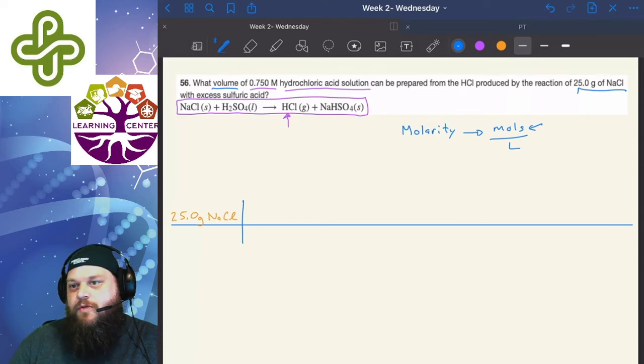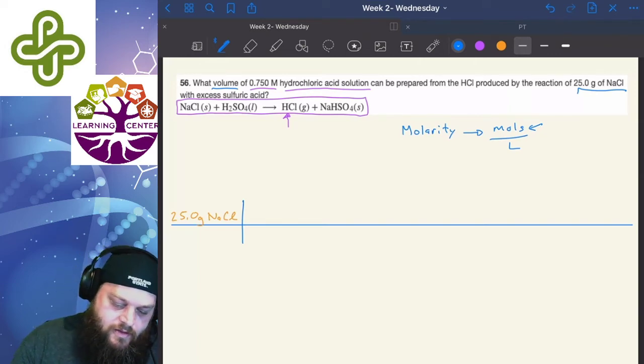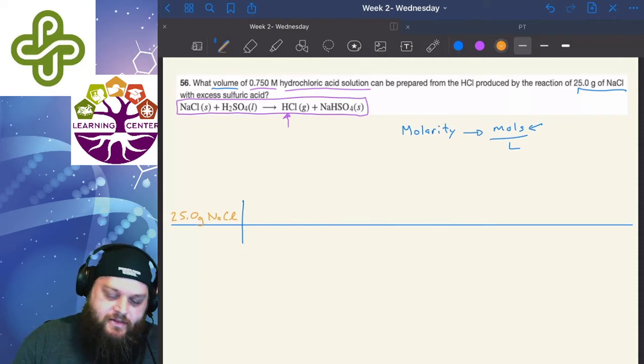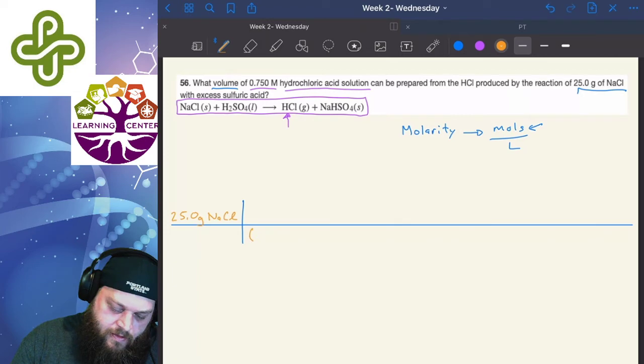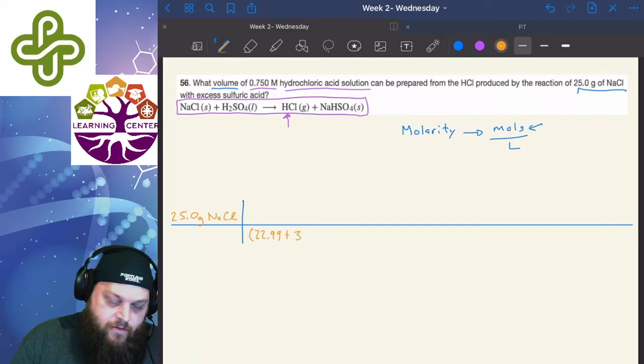That's really what we're trying to do with a lot of this stuff, is to get it into moles, then use that molar ratio to get it into something else. So here, to do that, we need to divide by its molar mass. Okay, so sodium, like we said earlier, 22.99, plus chlorine, when I looked it up, was 35.453. Those are grams per mole.